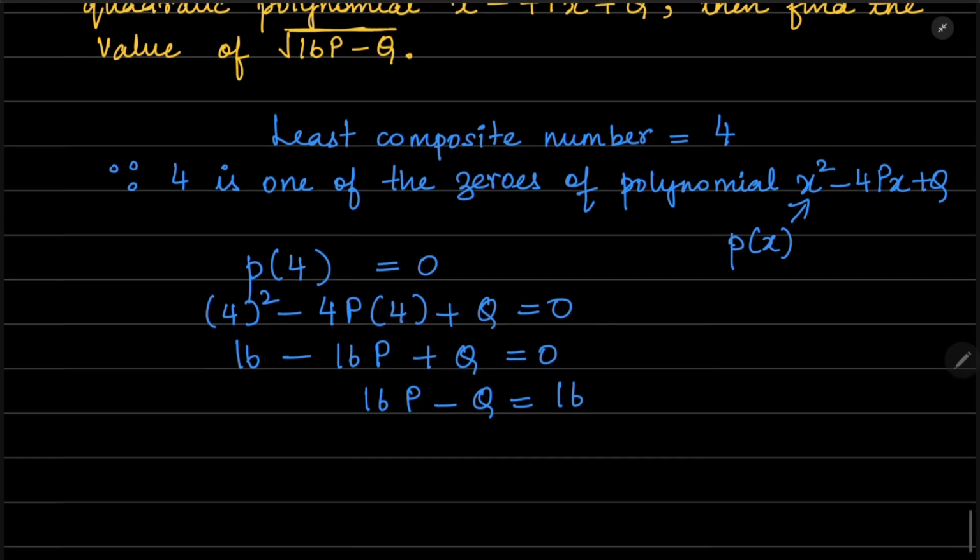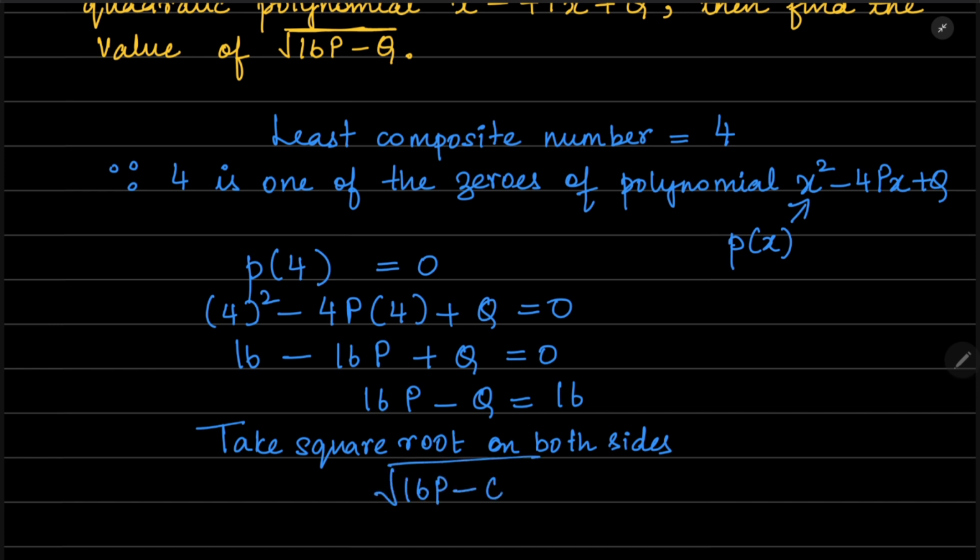Now take the square root on both sides. So what do you get? Square root of 16p minus q equal to root of 16, right?